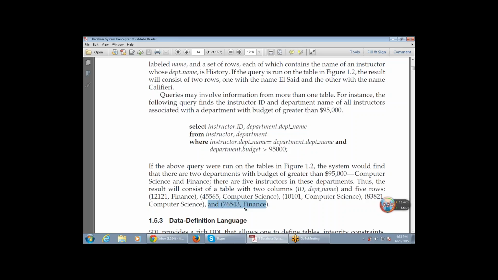Choose both tables, the instructor and the department, and check the condition: instructor.dept_name equals department.dept_name, so both tables have the same department name, and the budget is greater than 95,000, not equal to 95,000 but greater than 95,000.